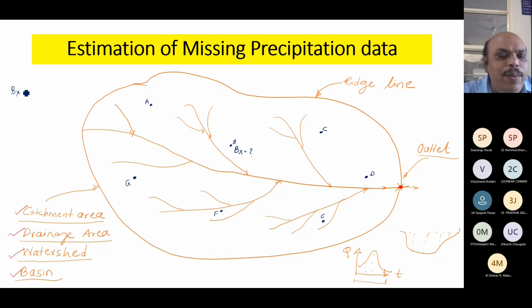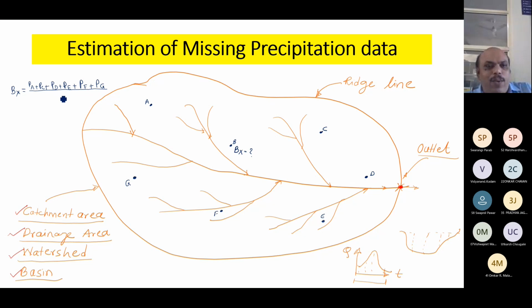Bx is equal to missing rainfall data at station B is equal to summation of Pi, that is precipitation value at station A, B for it is not known, and C, D, E, F and G. So simply we have to take average of the available precipitation values.